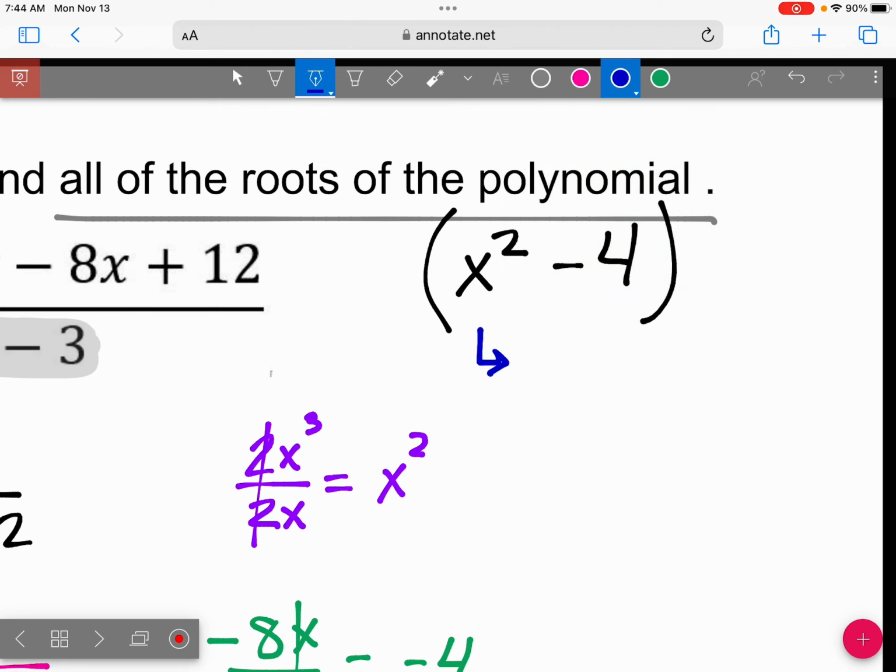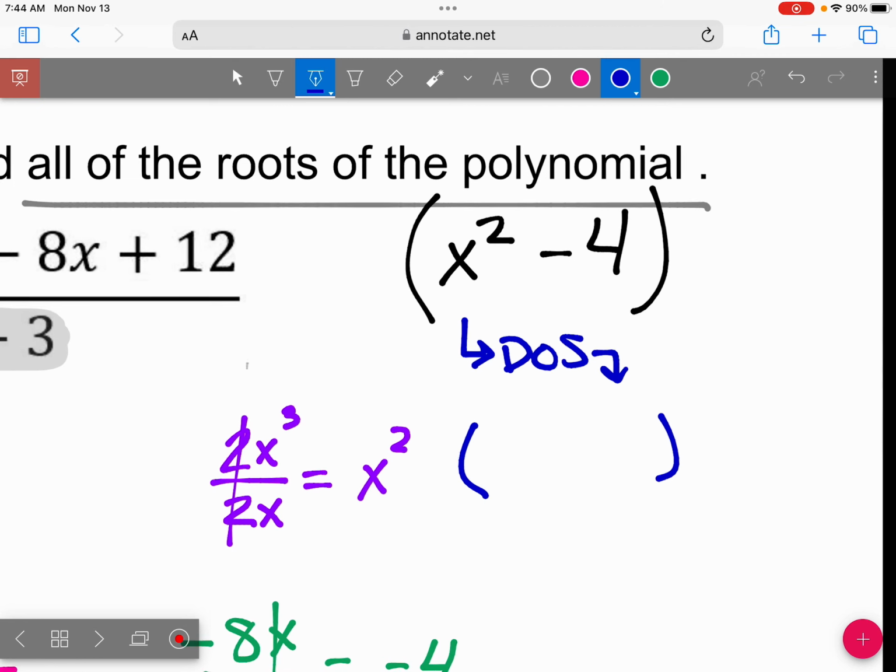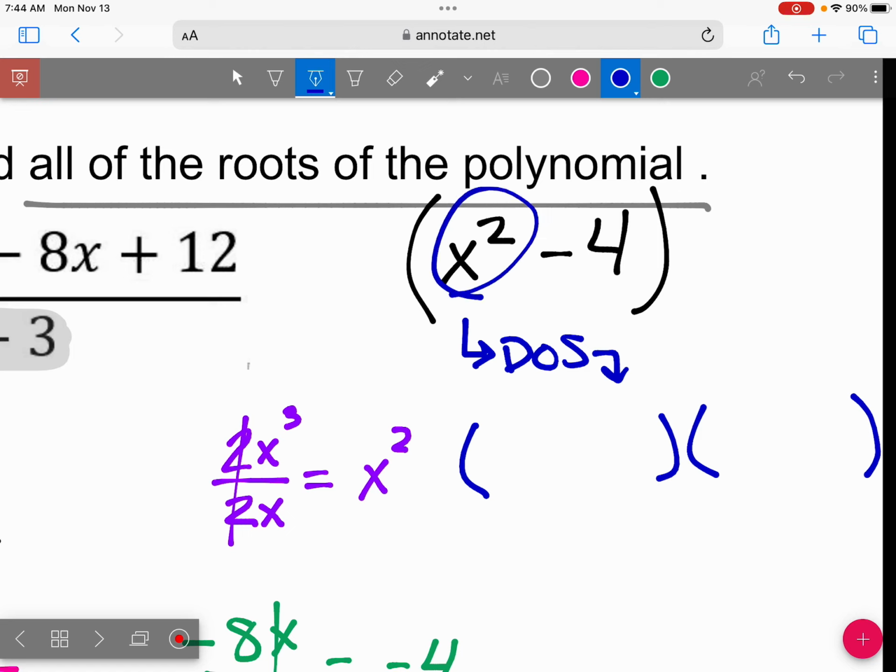What's our special pattern that we can do with this? I can hop straight into my factors. If you remember, it's whatever this first term was, unsquared, and whatever this second term is, unsquared. What is the square root of 4? 2.